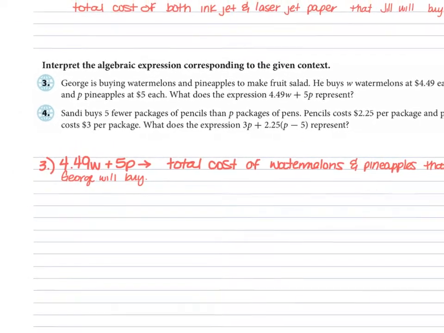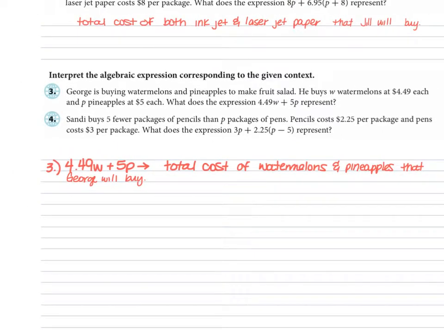For 4, it tells us that Sandy buys 5 fewer packages of pencils than P packages of pens. Pencils cost $2.25 per package, and pens cost $3 per package. What does the expression 3P plus 2.25 times P minus 5 represent?